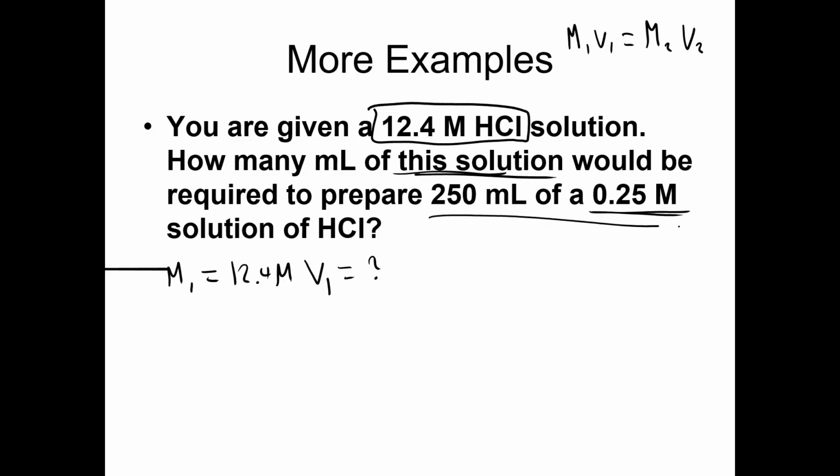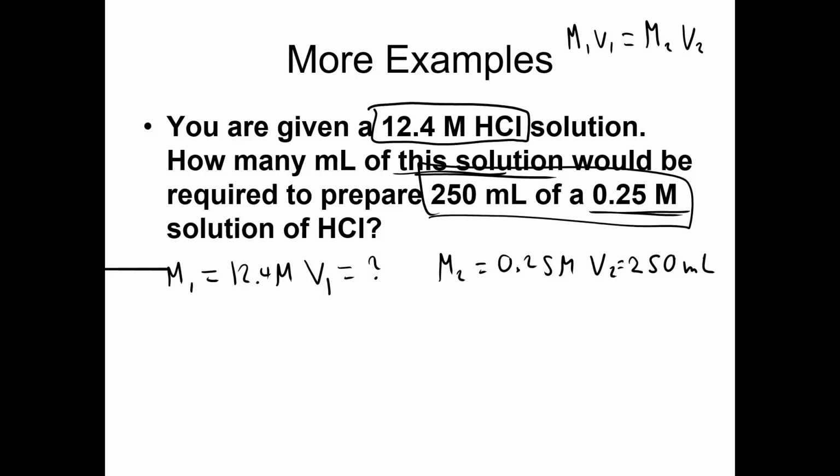And these two clearly belong together because I want, in the end, 250 milliliters of that solution that's 0.25 molar. So that means that M2 is equal to 0.25 M, and V2 is equal to 250 milliliters. And I don't have to change that volume to liters.